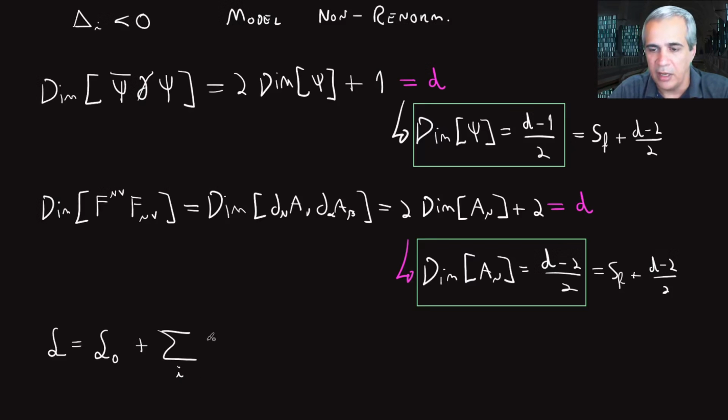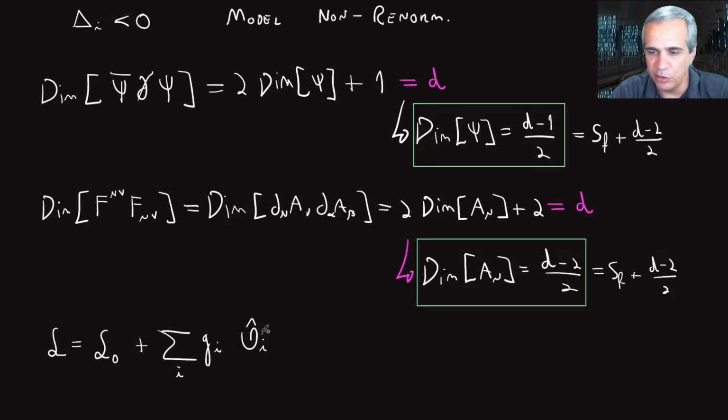I can rewrite all the interactions in this form, just Gi times an operator. So I'm putting all the fields here, and whatever numbers appear in front of them, be it GF, lambda over 4 factorial, whatever, this is all inside this G. In here I have the fields.